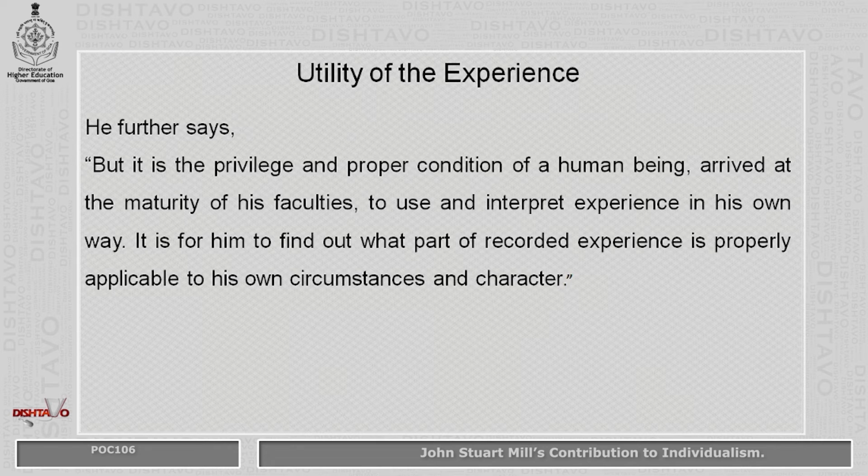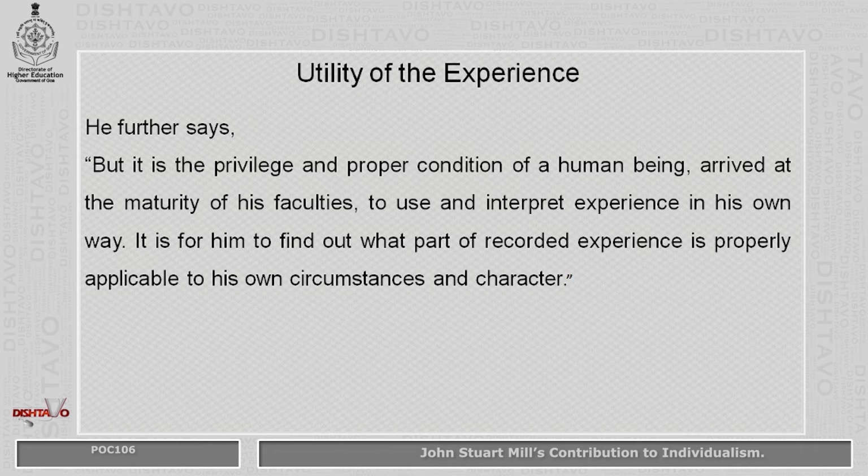Such a person who knows how to utilize the experience in a more humane manner would be able to define his or her individuality in a distinct manner. And that's why the utility of the experience is very important for the development of individuality.